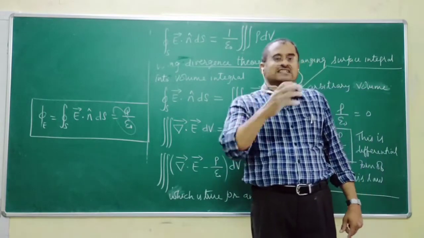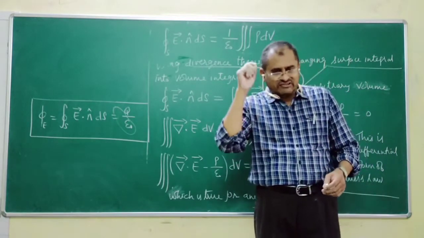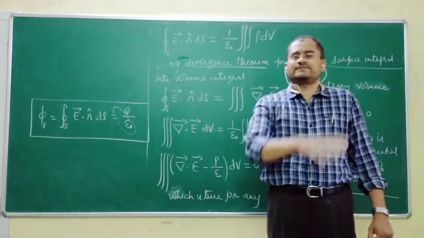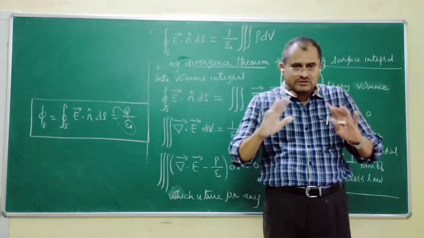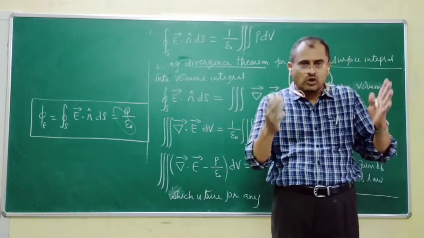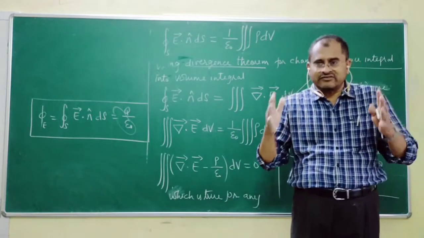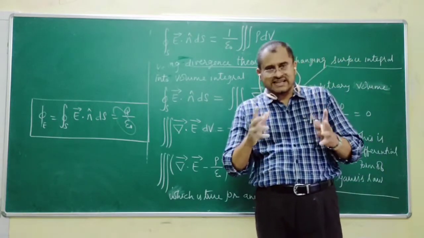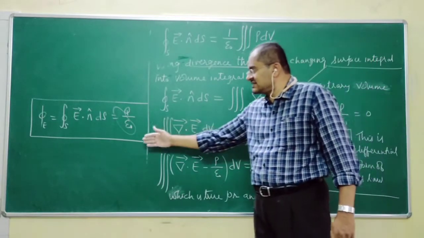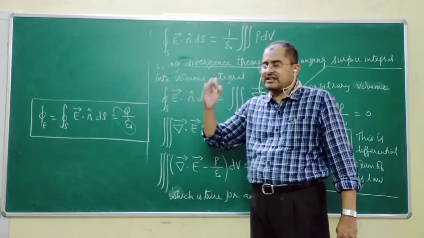When you are asked to find out the electric field due to a continuous charge distribution, we cannot use the previous methods which we have used for a monopole, single charge, or a dipole to determine electric field. In such cases, we have to use Gauss's law in electrostatics to determine electric field intensity.